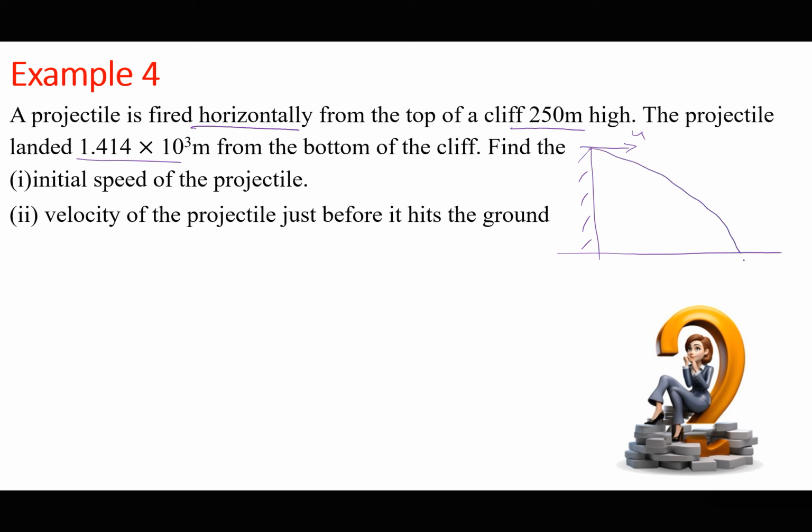Then it falls. So this is a height of 250 meters. And they are saying it falls at a distance of 1.414 times 1000. So this distance is 1414 meters from the bottom of the cliff.